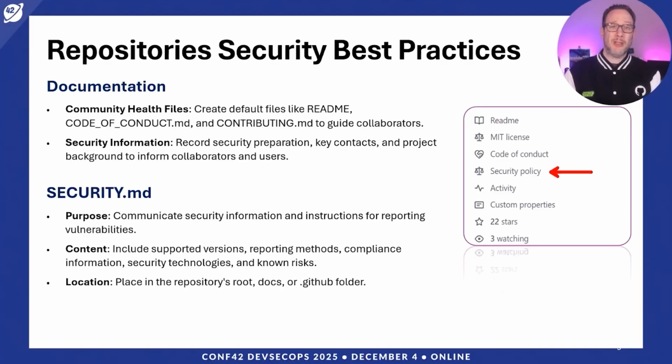But I could also recommend this for private repos if you're using that inner sourcing concept as well. And maybe another recommendation here is creating that security markdown file containing how your project handles security overall. It will also show up in that navigator menu to the right of each and every repo.